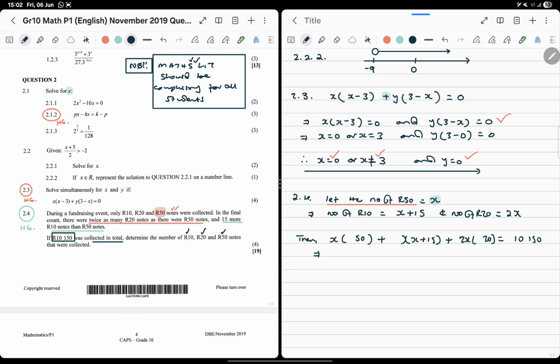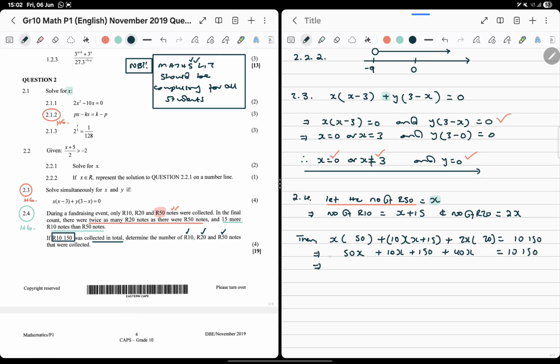So this one was 10, right? For 10 rands. And so this basically gives us 50x plus 10x plus 10 times 15, that's 150, plus 40x equals 10,150.